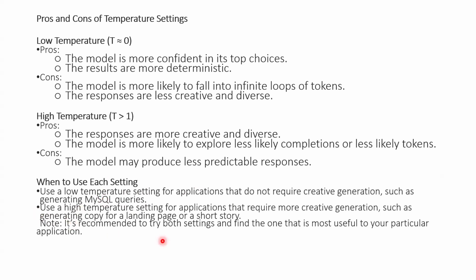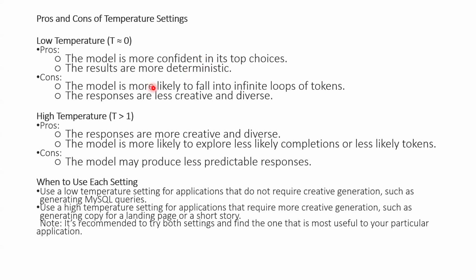Use a high temperature setting for an application that requires more creative generation, such as generating copy for a landing page or a short story, things like that. It's recommended to try both settings. Usually, whatever work I have done, I take temperature as 0.2 or 0.1, very close to 0, but not absolute 0.